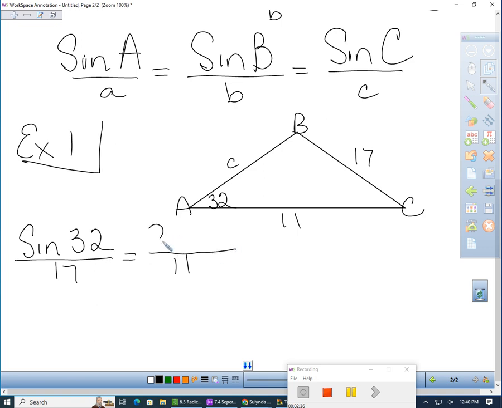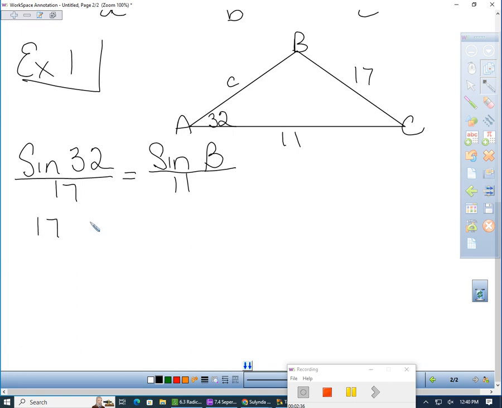So what we don't know is the sine of angle B. To solve this, we are going to cross multiply. So we have 17 sine B equals 11 sine 32. To get sine B by itself, we're going to divide by 17.